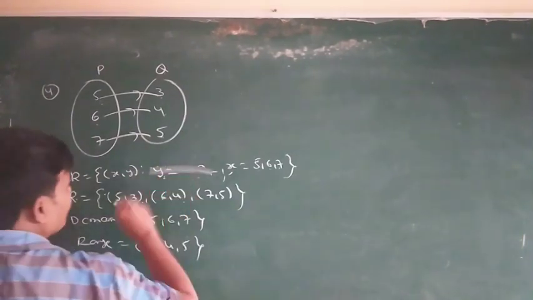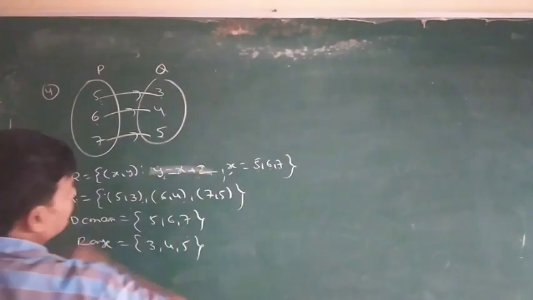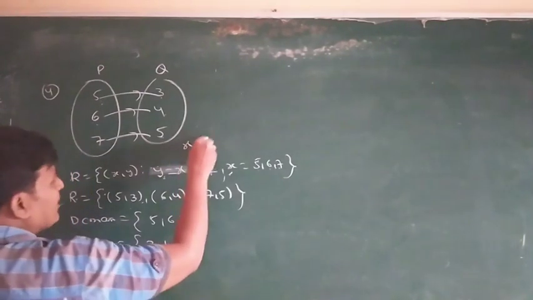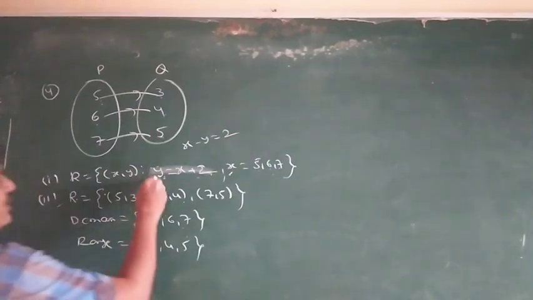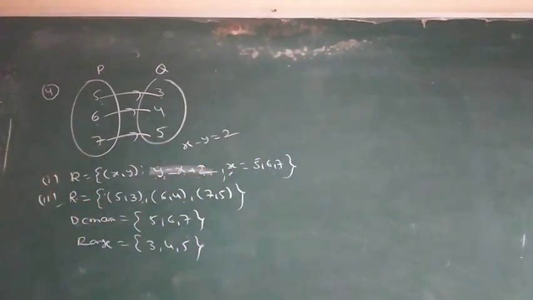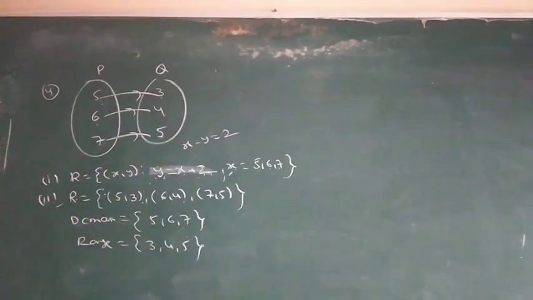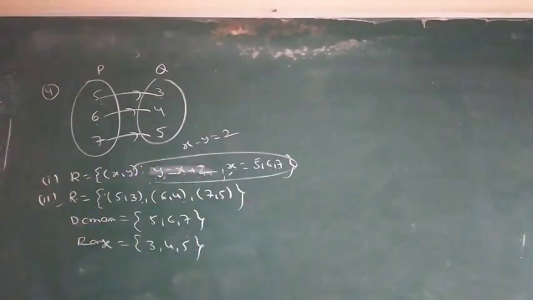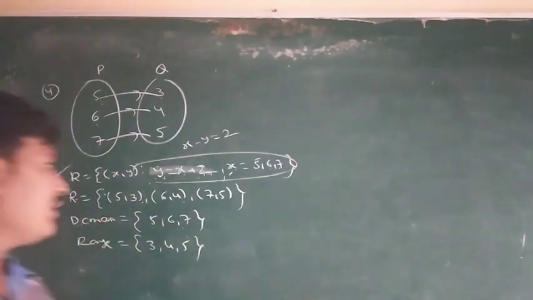So y is equal to x minus 2, or x is equal to y plus 2. Both are the same. The set builder form is a little tough, a bit difficult.